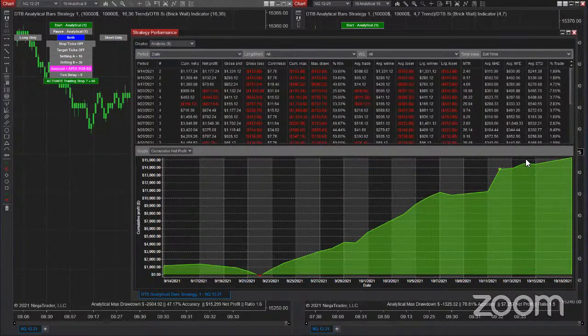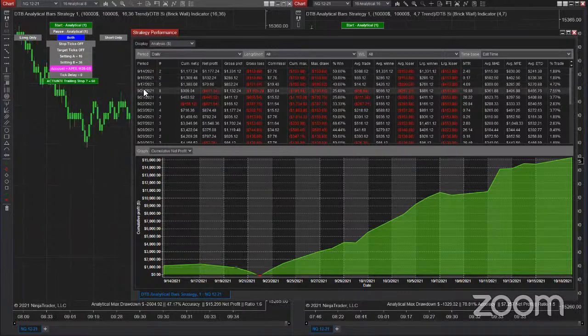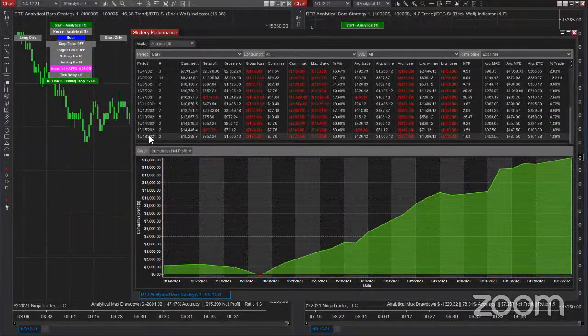As you can see, only like 2 trades. It didn't enter on the 15th, and then entered 17, missed 18, 19. Going from the bottom, 18 was yesterday, that's Monday, then Friday, Thursday, Wednesday, Tuesday, Monday.